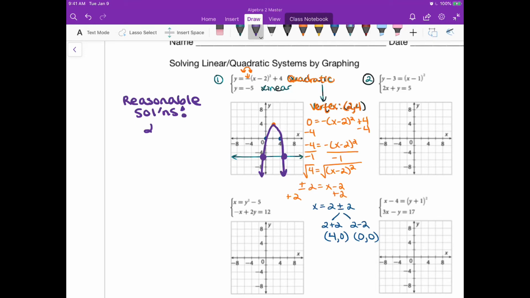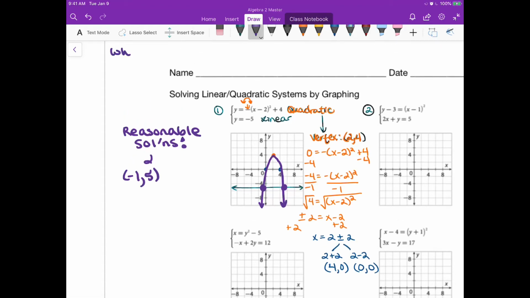And then I would say that the solutions would be at -1 and 5 based on the scale of the graph, and you can talk about what is the scale of each graph. And what does scale mean? So think about that. But reasonable solutions, right?